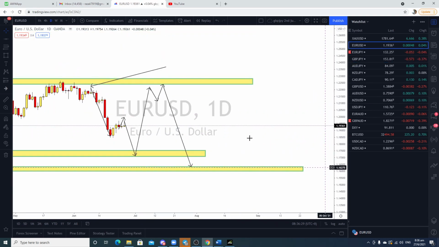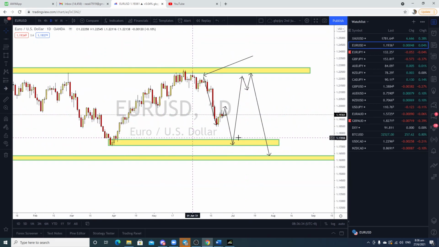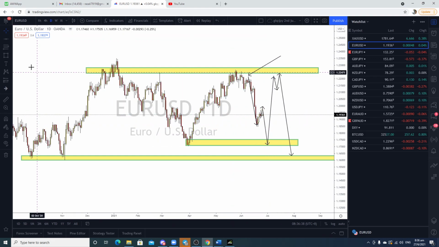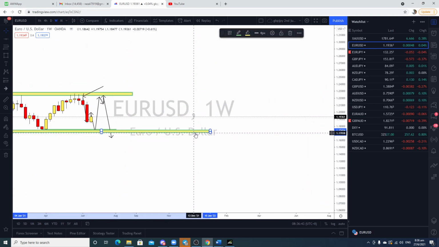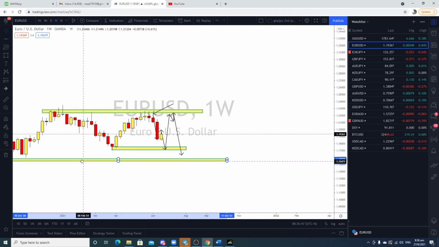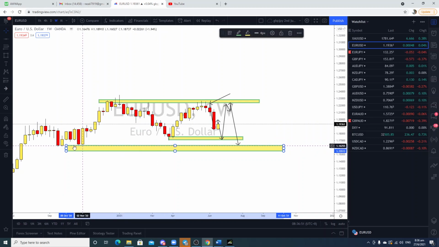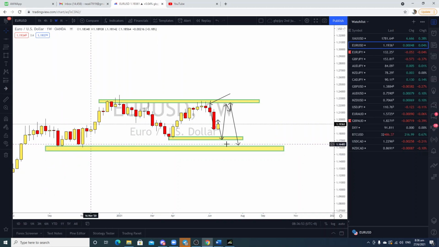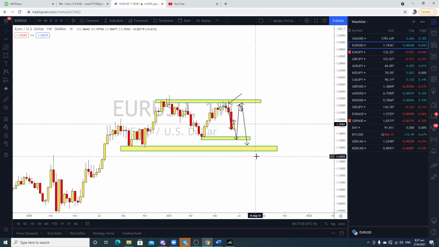Because if you look from here, based on Euro USD, what I expect of the market is major sideways perhaps, even from the weekly. If you look from the weekly levels and the zones, the demand zone, price is still considered sideways in the weekly, because there's no new high, but there's no new low as well.